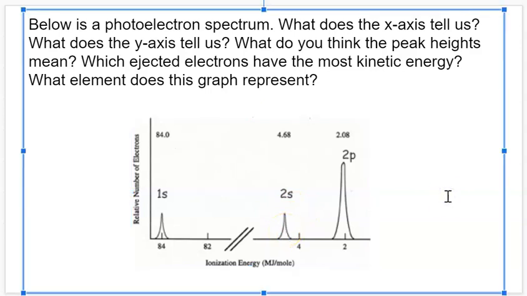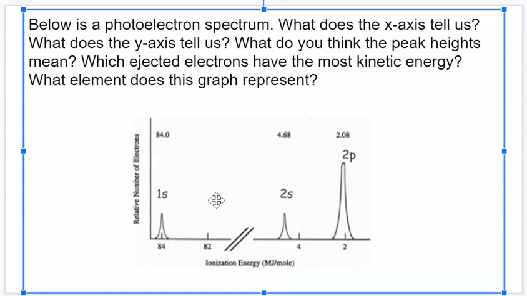So what this graph is telling us is that whatever element we're studying here is producing 3 different peaks. That means there are electrons in this atom that correspond to 3 unique locations that have 3 unique ionization energies associated with them. And we also know, based off the fact that there is a huge gap in between here, that can be explained by Coulomb's law.